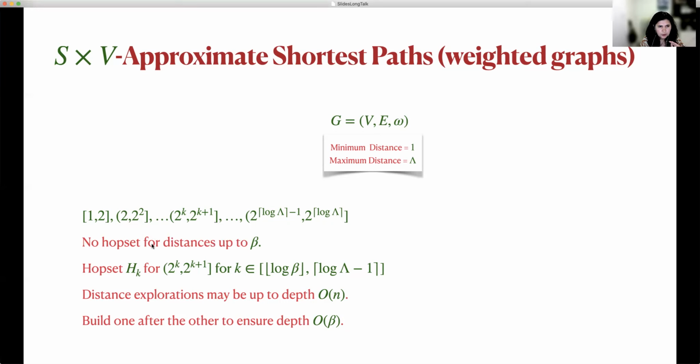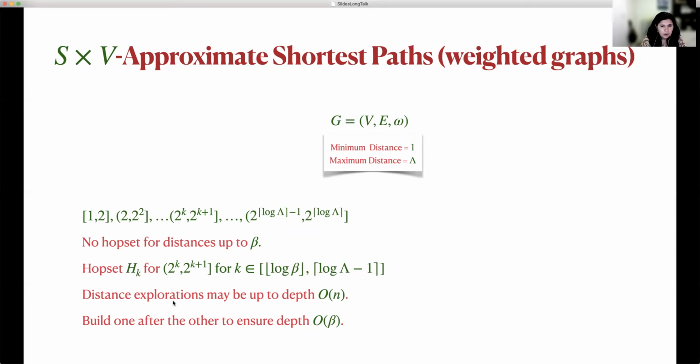Notice that we don't need to actually compute a hop set for distances up to beta. This is because for any pair of vertices which are within distance beta of each other, there is already a path which contains at most beta hops in the original graph. So we start building hop sets from the scale log of beta.